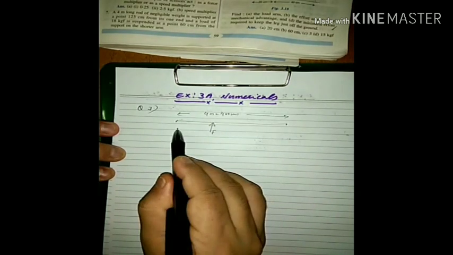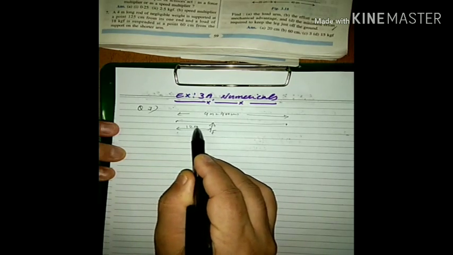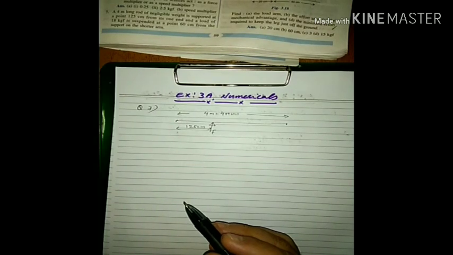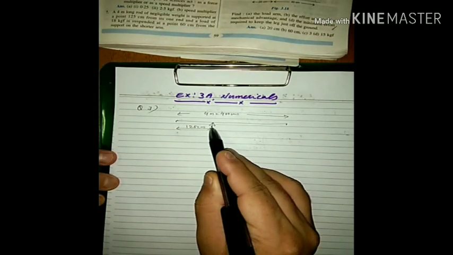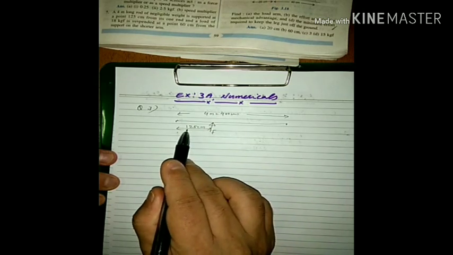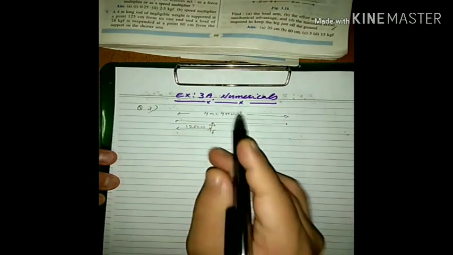What is the distance? 125 centimeter from one end. And a load of 18 kilogram force is suspended at a point 60 centimeter from the support on the shorter arm. Now the fulcrum acts at the middle. Now the rod is divided into 2 arms. 125 centimeter. What is the remaining?